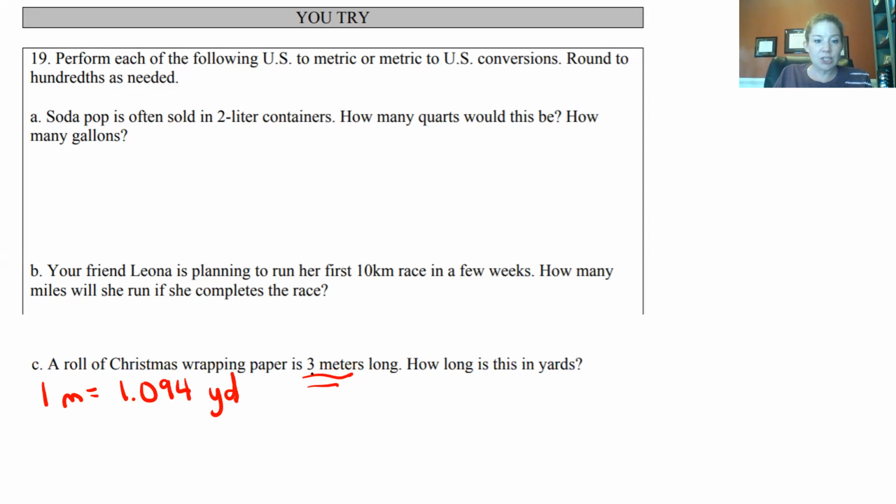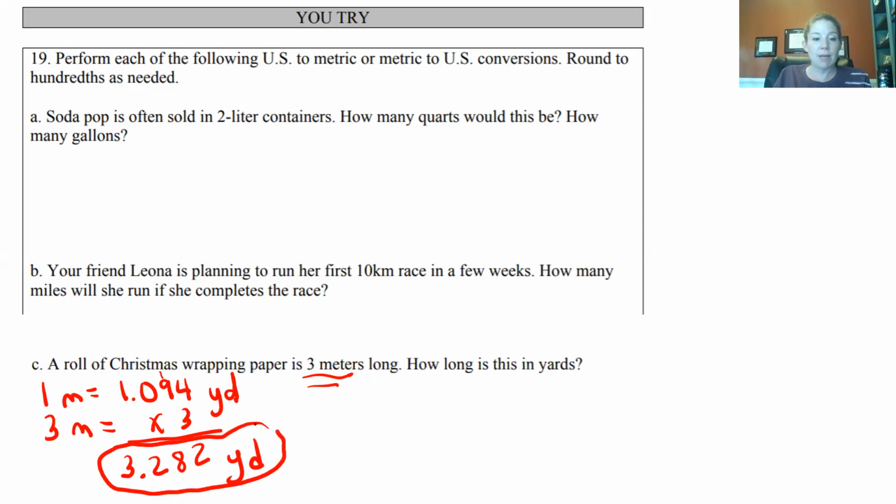And this is giving us 3 meters, so we're simply multiplying our number of yards times 3. So 4 times 3 is 12, carry the 1, 28, 2, 3, and then we have 3 numbers behind the decimal. So the final answer is 3.282 yards. That's how long our wrapping paper is in yards.